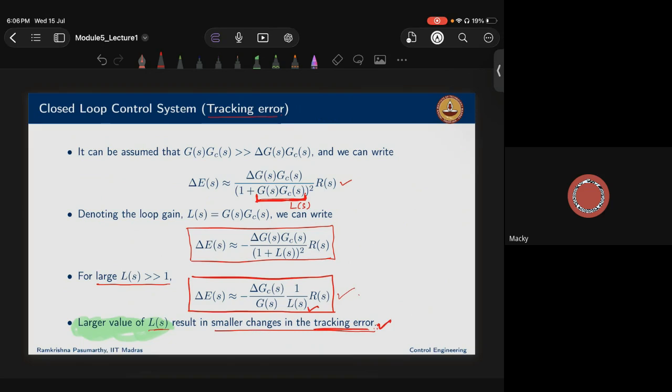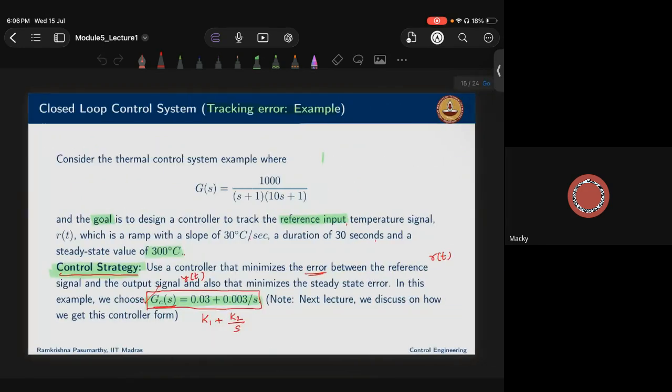That is our final conclusion, because L of s is in the denominator here. If the plant transfer function L of s has large values, we get small changes in the tracking error.